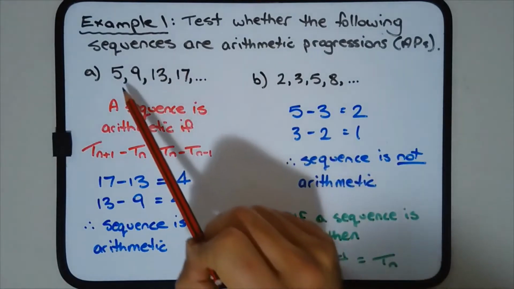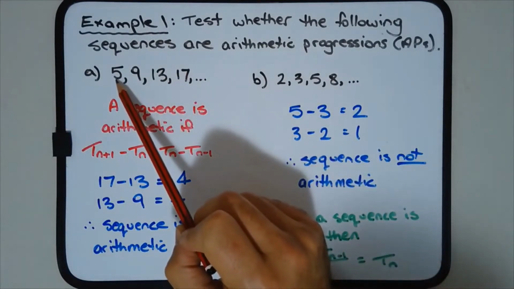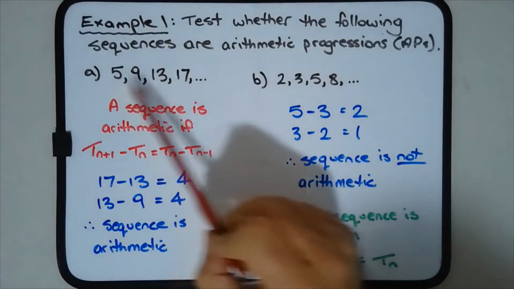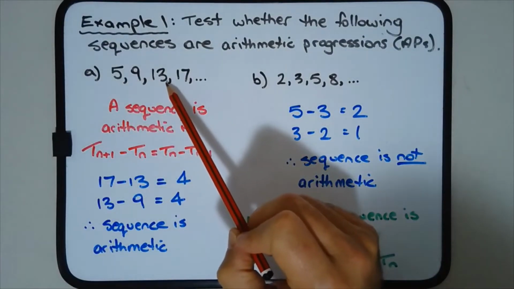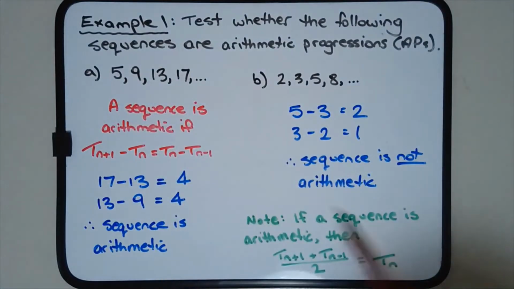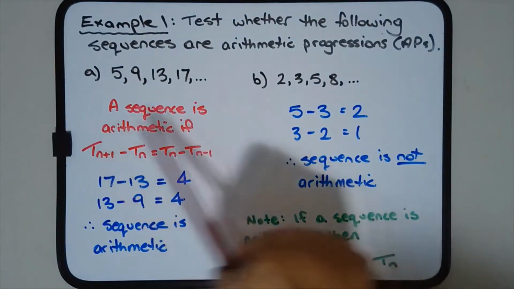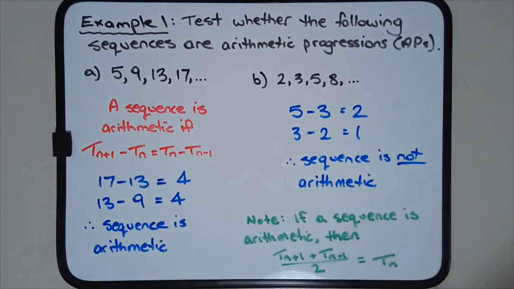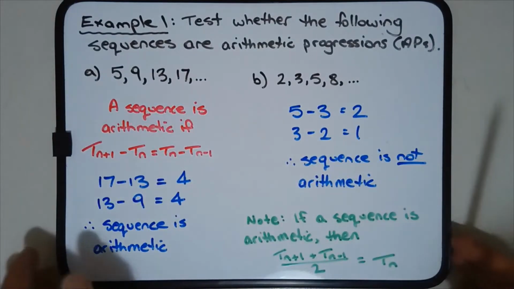In this case, for example, the average of 5 and 13: 5 plus 13 is 18, divided by 2 equals 9, and that equals the term in between. So basically, it's just a rearrangement of this definition here, but it is another useful way to show if a sequence is arithmetic or not.